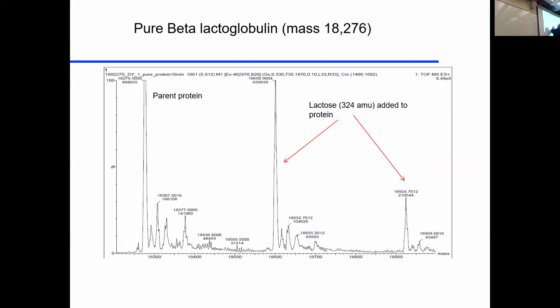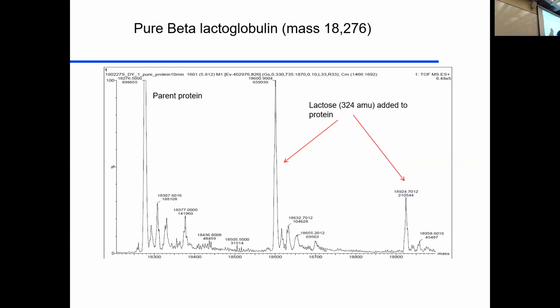If we go over here, as the mass spectrometer is scanning through higher and higher masses, I see another mass of 18,600. That's 324 AMUs bigger than the pure protein. What's that? It's the Maillard reaction. What's there? Lactose. Lactose undergoes a Maillard reaction with protein.